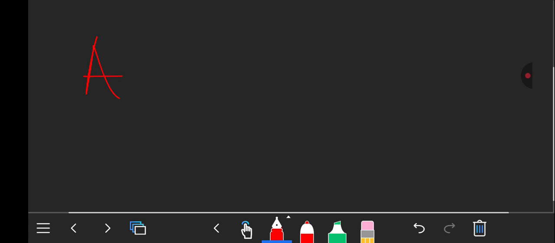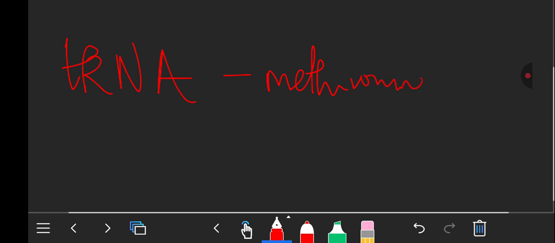So this tRNA will bring methionine. This is the amino acid it is going to bring. But this methionine is for eukaryotes. When you're dealing with prokaryotic cells, it is not methionine that is brought for the start codon.